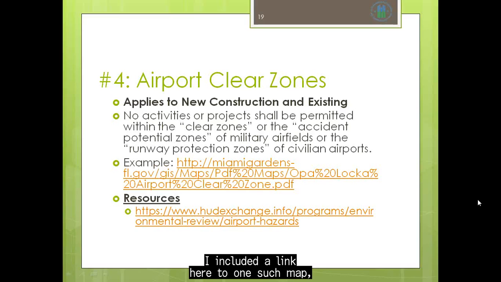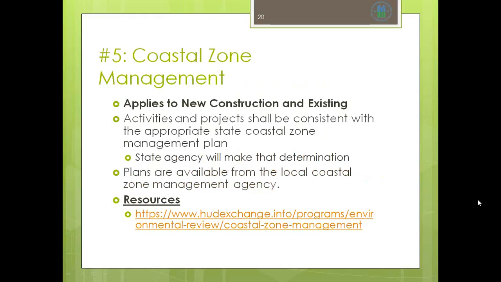I included a link here to one such map, and you would basically plot where your project is in relation to those zones from those maps. If you look at the bottom link under resources, that's going to include some information about where to find those kinds of maps, but they're published locally. Okay.